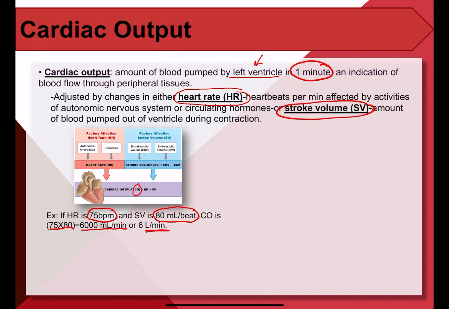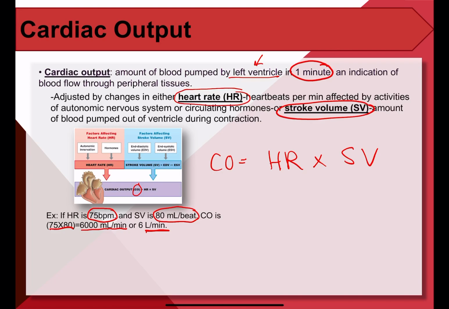So imagine just 1 minute goes by and your heart has already pumped 6 liters worth of blood throughout your entire body. You can see why the cardiac output is so critical. Even if you slow down your heart rate by a little bit, that can have a very detrimental effect on how much blood you're going to get across to your systemic circuit. Because if you look at the formula here, CO is equal to heart rate times SV.